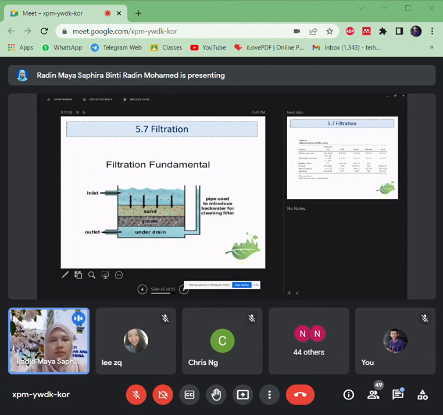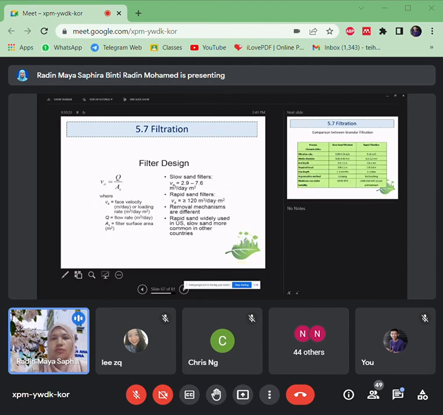So these are the typical properties of the filter media, for your information, in terms of effective size, porosity, sphericity, and so on, the physical characteristics. Usually in Malaysia, we use sand and coal.